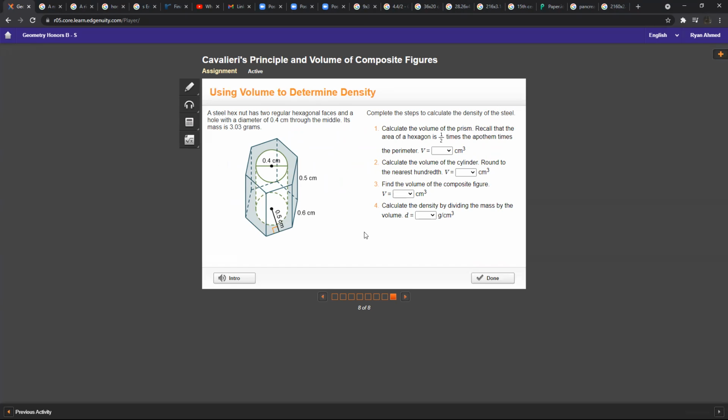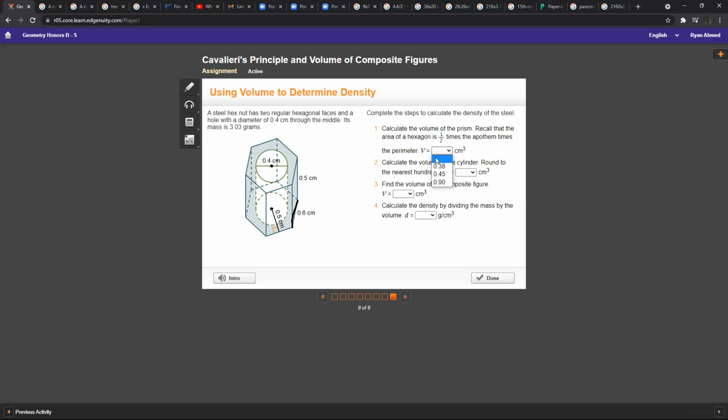They tell us that the area of the hexagon is 1/2 times the apothem times the perimeter. So let's see if we can find the perimeter of the hexagon. It's going to be 6 times whatever this value is, 6 times 0.6. 6 times 0.6 is 3.6, if I'm not mistaken. So the perimeter of our figure is 3.6.